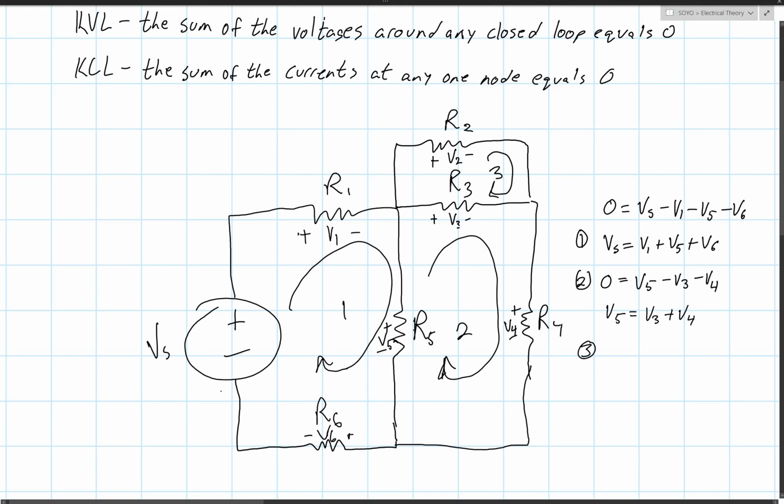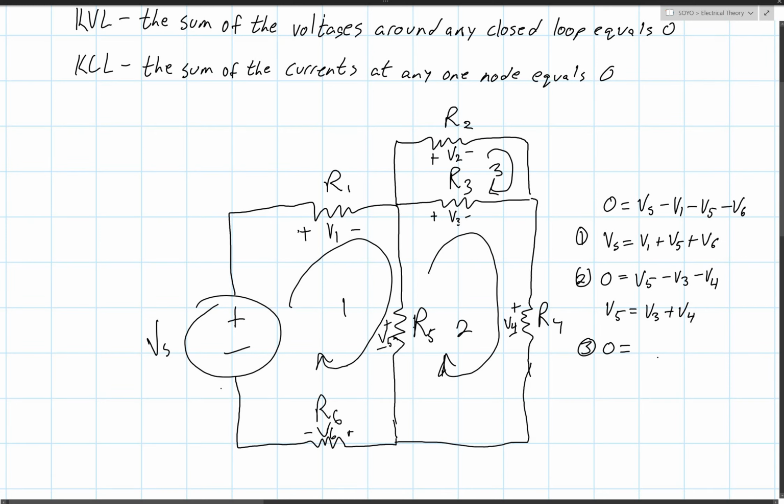And then looking at loop 3, if we start at R3, 0 equals negative V3, because we're coming in on this side if we're going around the direction that we're saying. And then we're coming in on the positive side on R2. Or I'm sorry, opposite way. If you're coming in on the negative side, you're having a voltage rise.